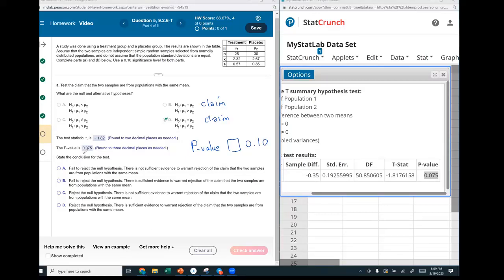Well, there's our p-value. Is that bigger or smaller than our significance level? Well, that's definitely smaller. So that means it's going to be in the rejection region. So this is reject.